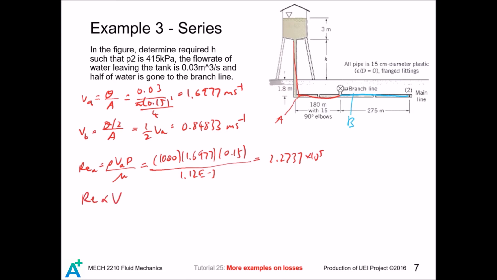And since the Reynolds number is directly proportional to the velocity, and now we label this as point 1 and 2 has already been labeled.